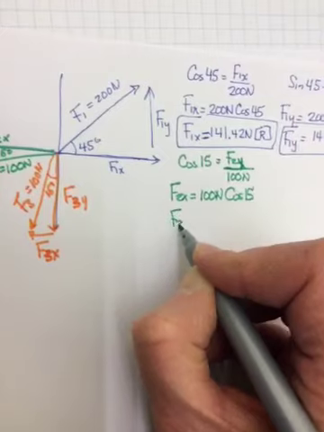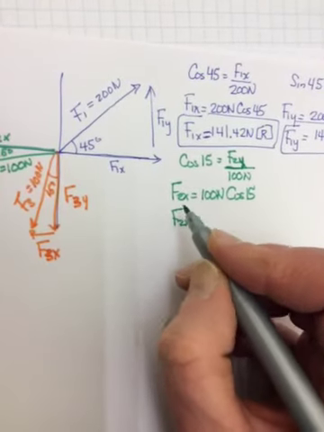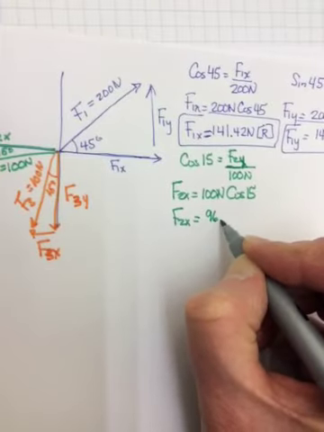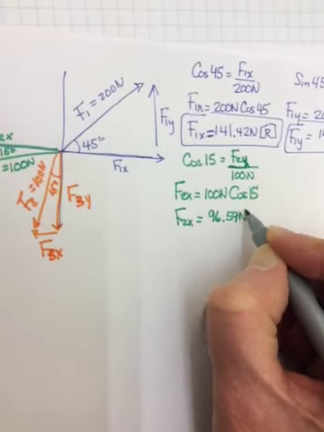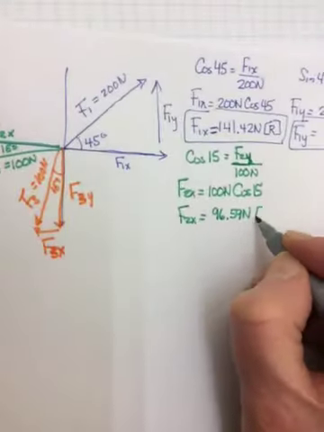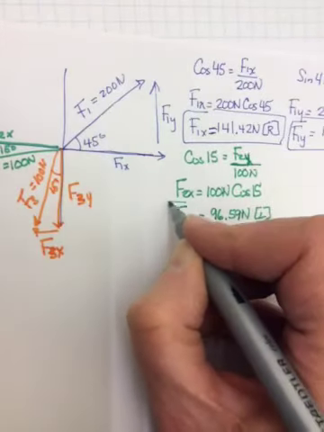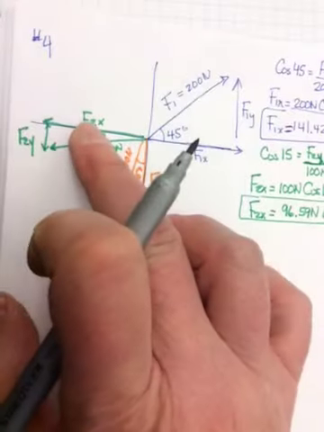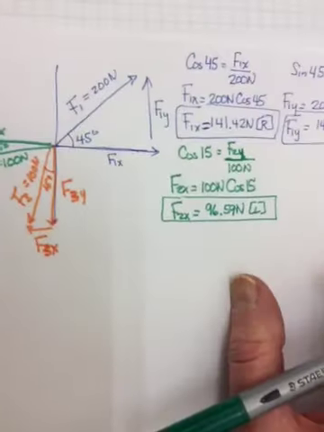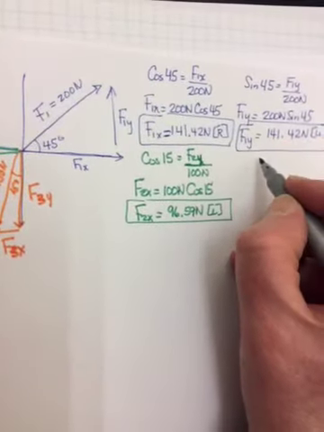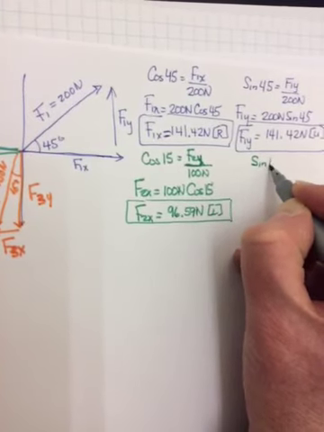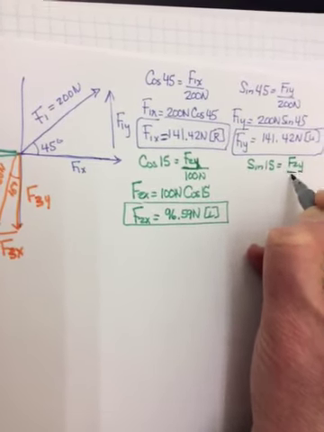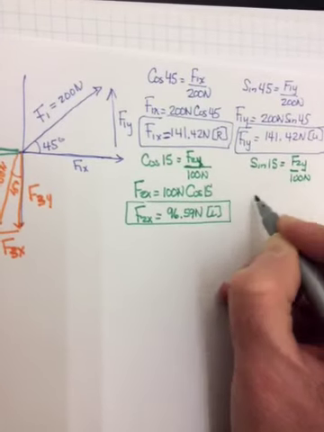Type this into your calculator to find out that the x component of this triangle is 96.59 newtons, and it is going left. Okay, now we need to find the y. If the x component is the adjacent side, the y must be the opposite side, which will be sine. So sine of 15 is equal to F2y over 100 newtons.